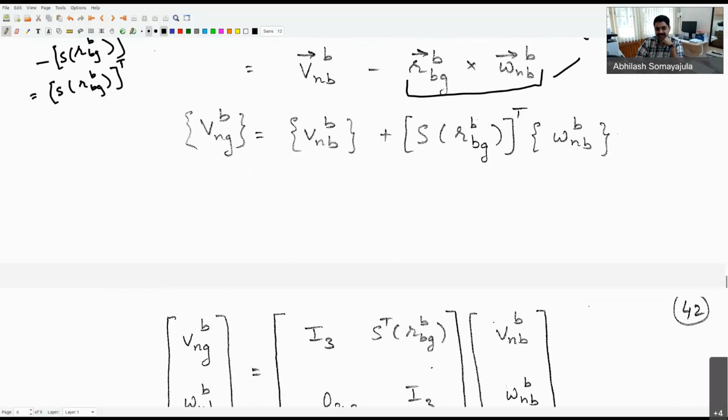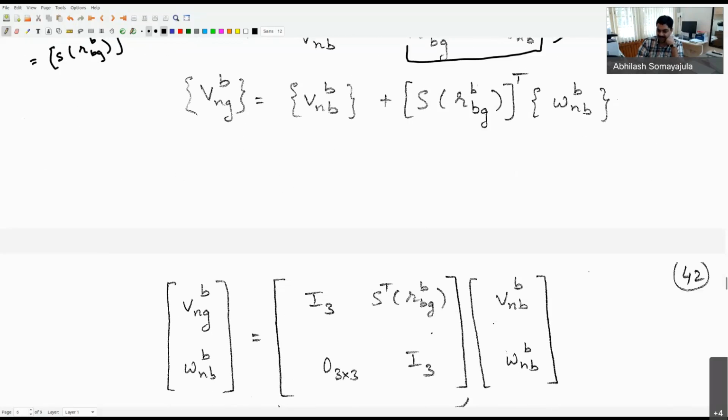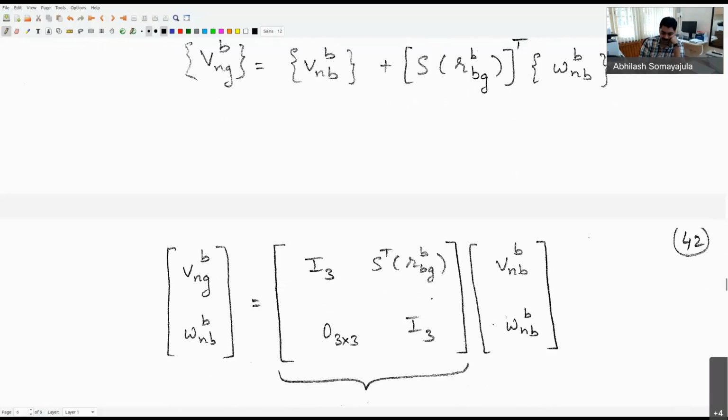Okay, so with that in hand, I can convert the so-called general velocity vector, which I had in the equations of motion about CG, where I was looking at the velocity of the center of gravity and the angular velocity of the body. I can express that as some matrix times these quantities, where this is the velocity of the body fixed origin and this is the same angular velocity as before.